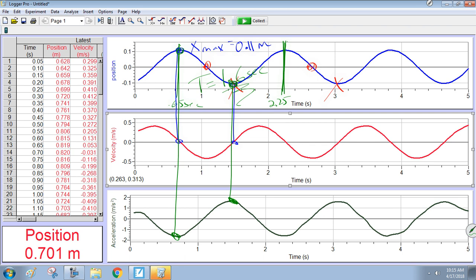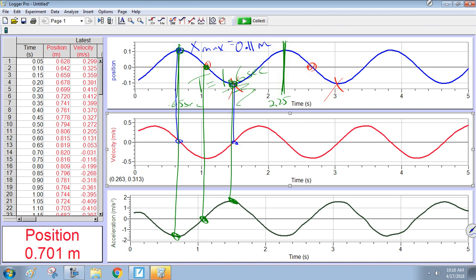Do I agree with that? Well, let's look at our graph. You're saying when the position is 0, does the force of the spring equal the force of gravity? Well, our acceleration is 0, which tells me the net force is 0. So I think so. Yeah, that makes sense. Follow? Everybody good?